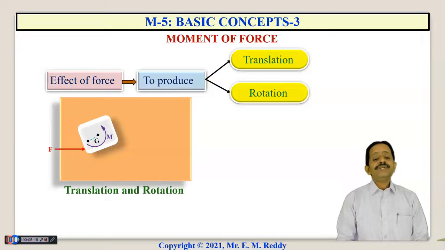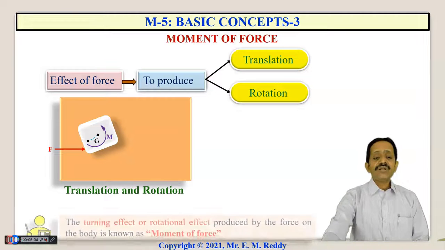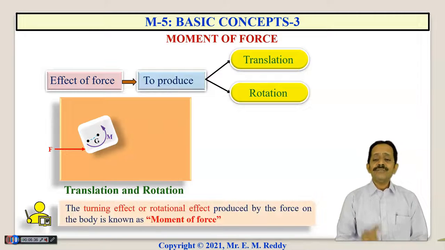At the same time, the body is rotating about some arbitrary point, so it is also having rotation. So here the effect of force on the body is to produce translation as well as rotation. This rotational effect or turning effect produced by the force on the body is known as a moment of force.